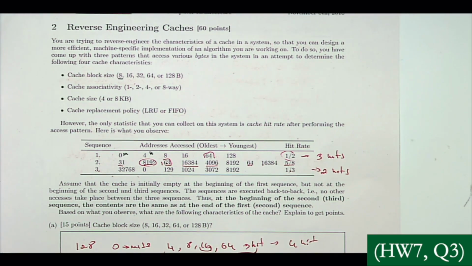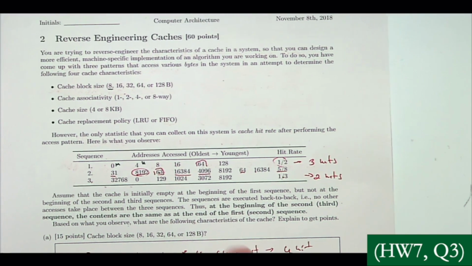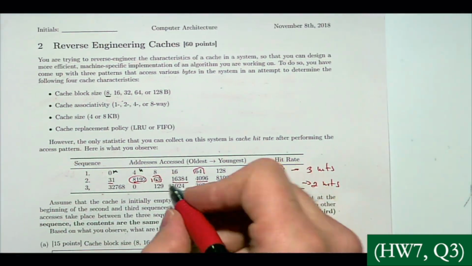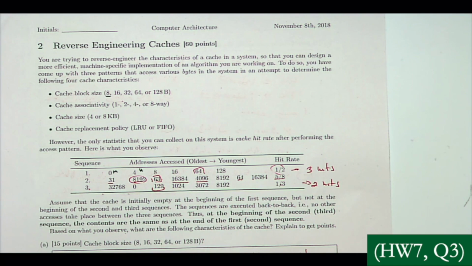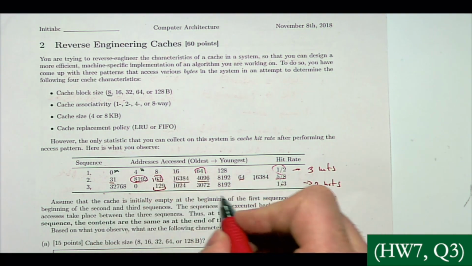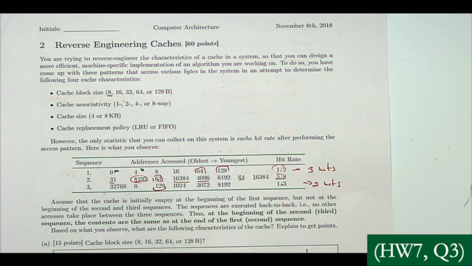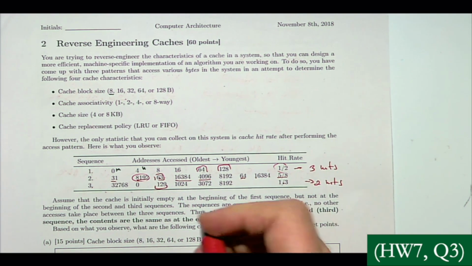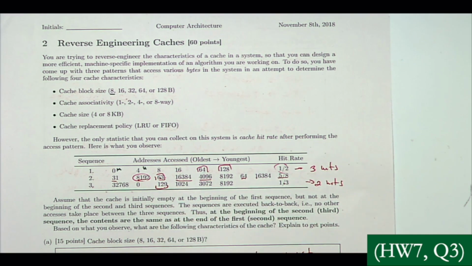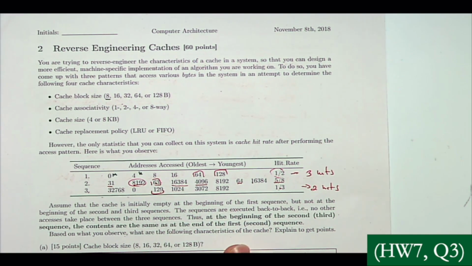So let's first find out the first hit. That is for sure a hit, which is 129. Why? The reason is I already accessed 128 here, right? So when I try to access 129 here, this will be for sure a hit, okay?